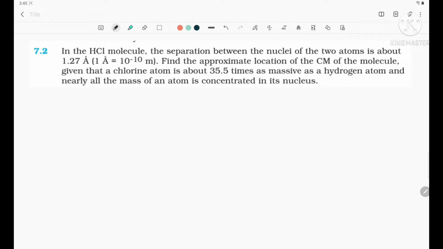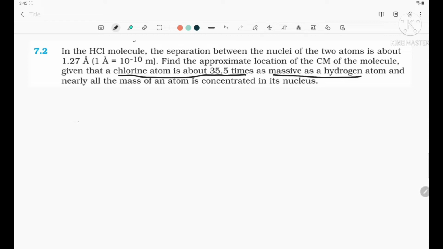The second question is, in the HCl molecule, the separation between the nuclei of two atoms is about 1.27 angstrom. Find the approximate location of the center of mass of the molecule, given that a chlorine atom is about 35.5 times as massive as a hydrogen atom and nearly all the mass of the atom is concentrated in its nucleus.